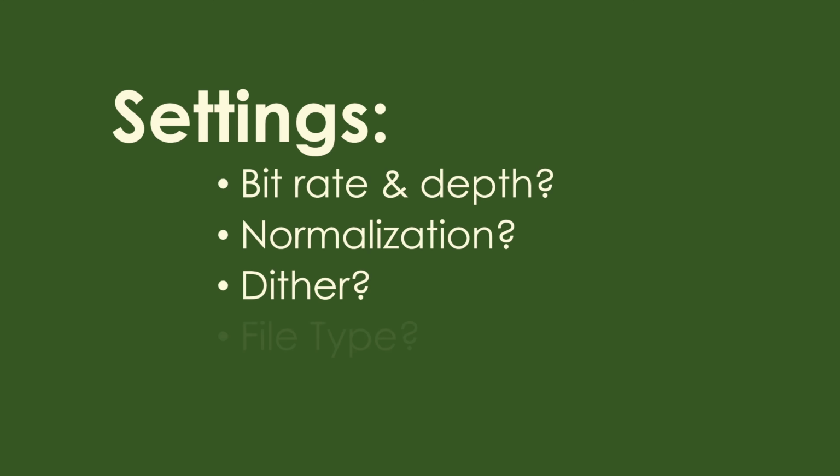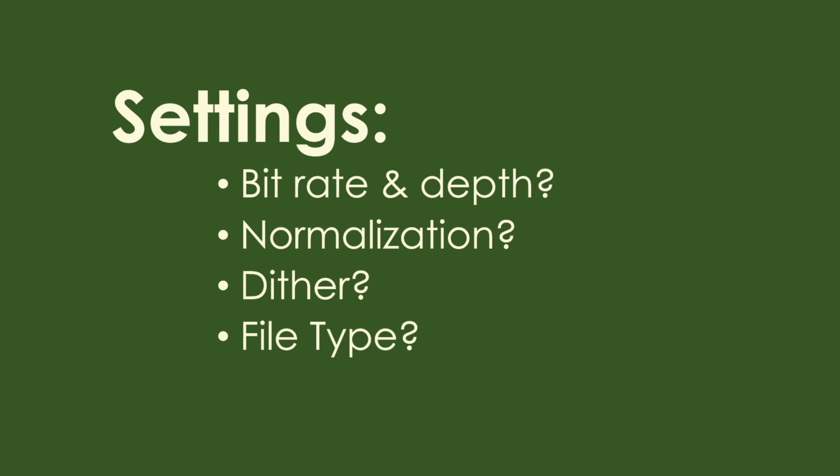You'll also have the option of choosing what kind of file type you want to export. You'll usually want to choose between a WAV file and a FLAC file. I actually usually recommend to print both of those. So you might do a bounce or an export or a mix down of each of these file types.